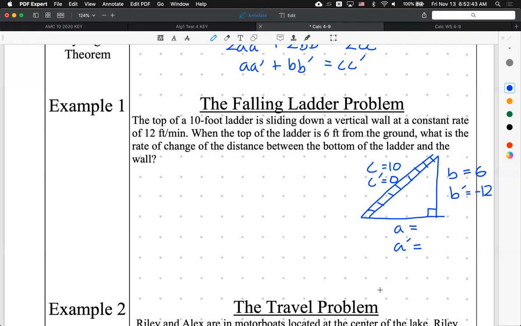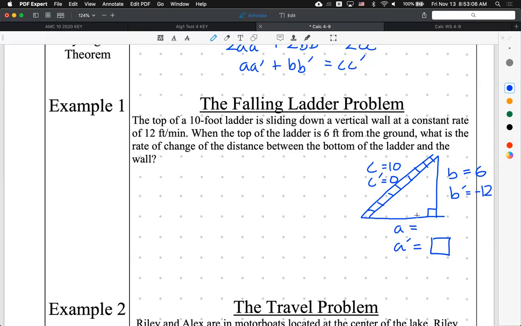Not necessarily. And in fact, it's definitely not 12, because if it was 12, we'd be done. That's what it's asking for. A prime is the box here. It's asking what is the rate of change of the bottom of the ladder. So it's really asking for A prime.